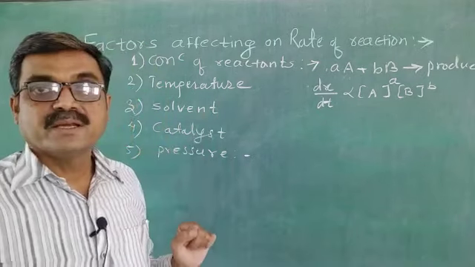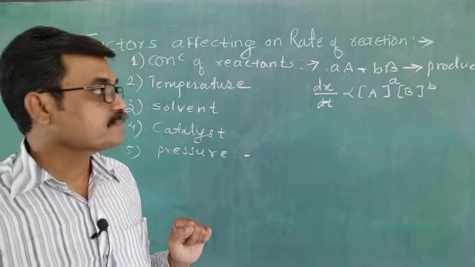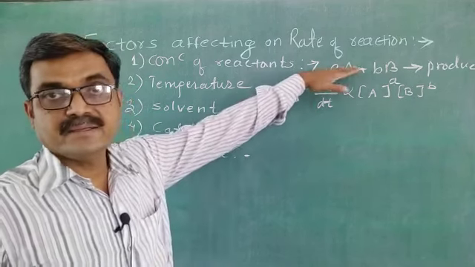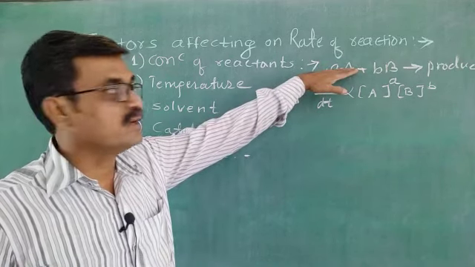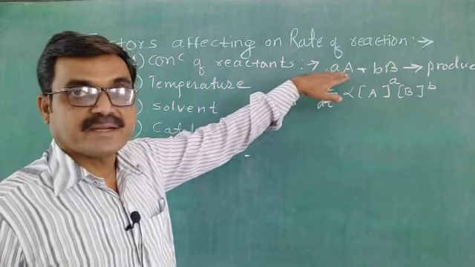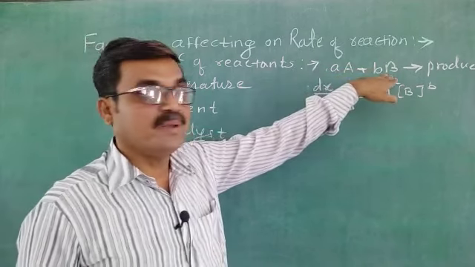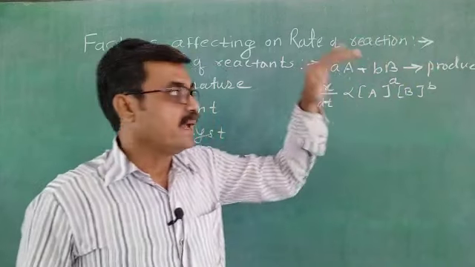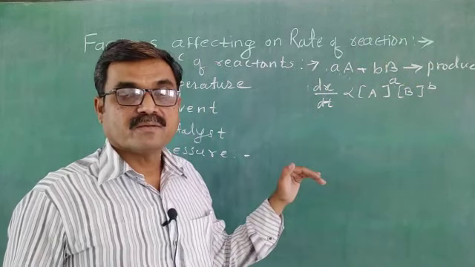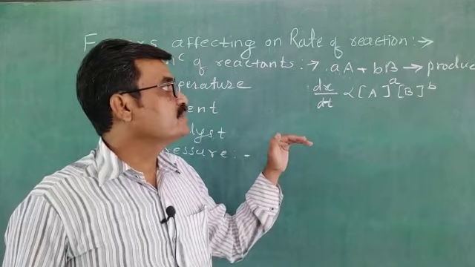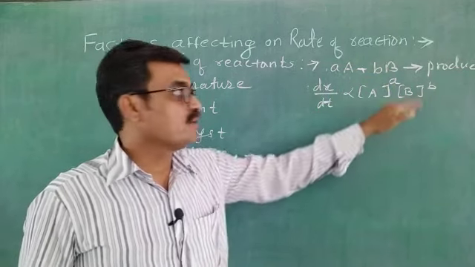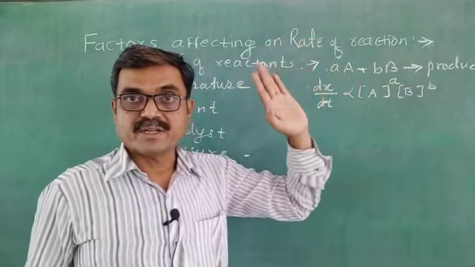Now from this it is clear that initially, before reaction, reactants are taken: small a and small b moles of reactants are there, and before reaction the product is 0. As the reaction starts, what happens? The concentration of the reactant goes on decreasing and the concentration of product goes on increasing.